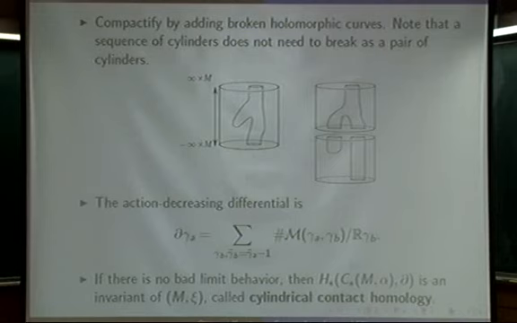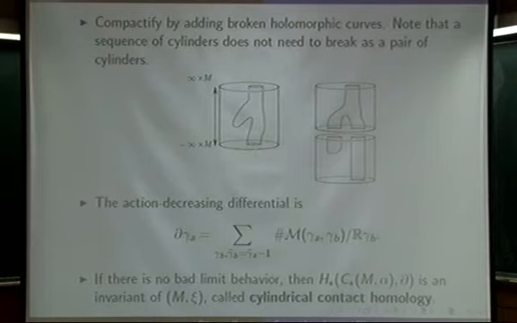But no holomorphic planes is kind of hard to exclude. The simplest way to have no holomorphic planes is to say there are no contractible Reeb orbits, but then I start to contradict what I previously wanted, so it's not so nice. But yes, this would be one situation where there's no problem.